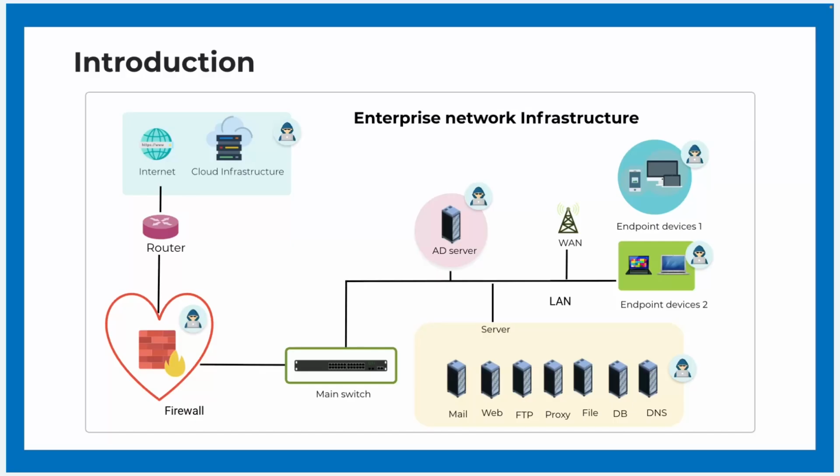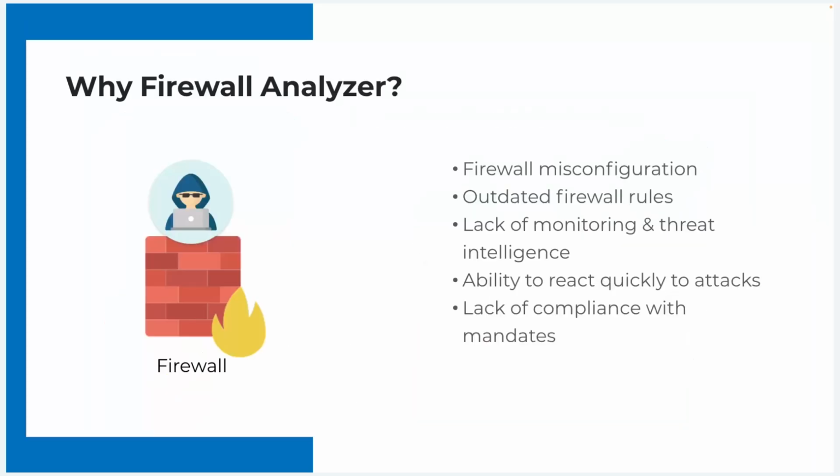And why Firewall Analyzer? Gartner predicts that around 99% of exploited vulnerabilities will continue to be the ones known by security and IT professionals for at least one whole year. So firewall misconfigurations, and specifically the known ones, are the issue at hand. This makes it critical to identify and fix your firewall misconfigurations.